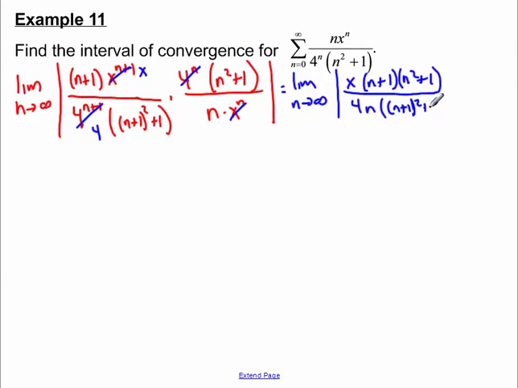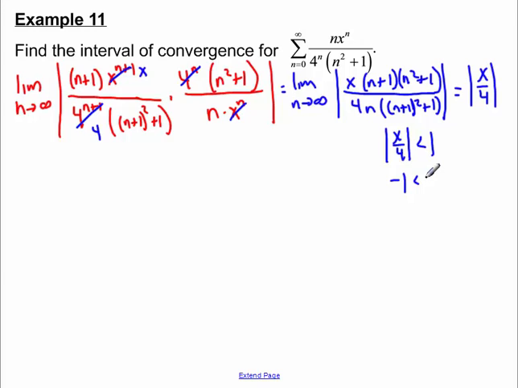Now remember from the ratio test, we need what our limit equaled to be less than 1 for this to converge. So from -1 to 1, so our interval of convergence is -4 to 4.